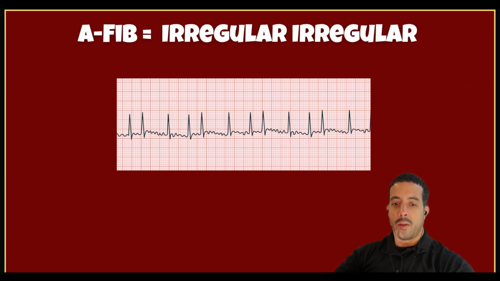Now, when we talk about AFib, it is irregular. If you look at the distance between the R waves, once again, this is where my eyes go immediately, it's totally irregular.